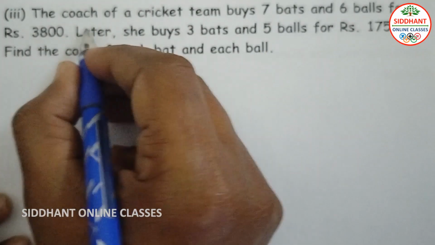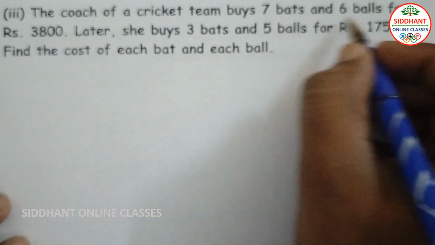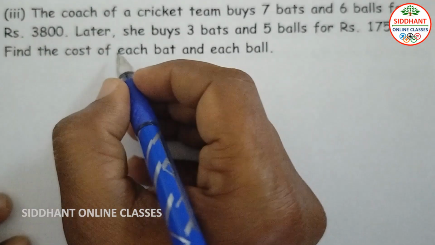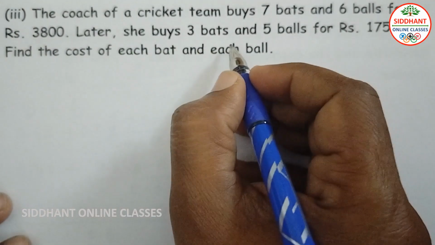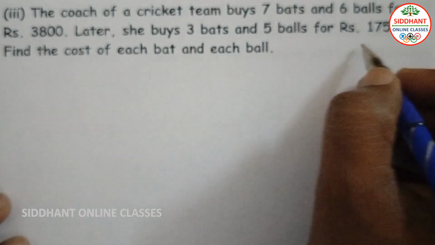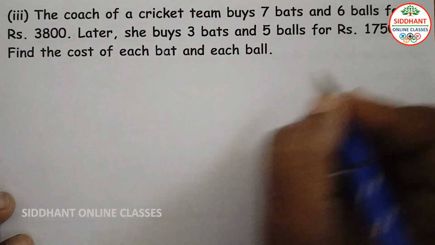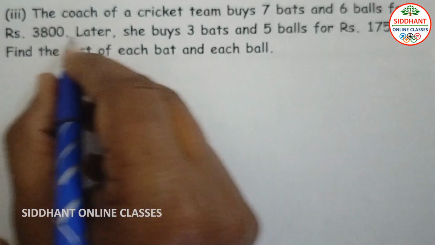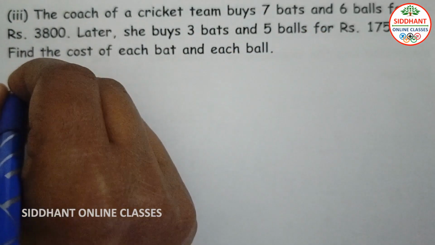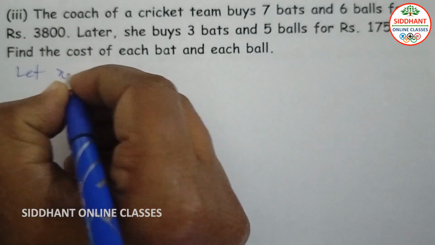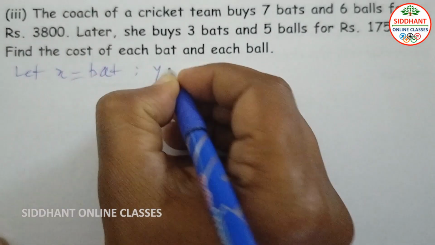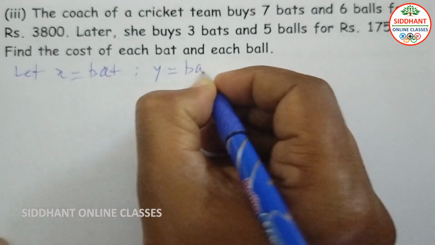Third one, the coach of a cricket team buys 7 bats and 6 balls for 3,800 rupees. Later, she buys 3 bats and 5 balls for 1750 rupees. Find the cost of each bat and each ball. So here let x equal to bat and y equal to balls.